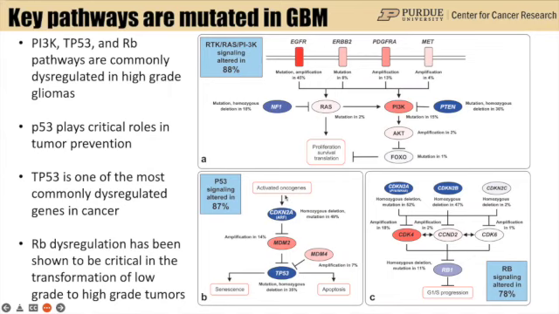And so the first thing we wanted to see is, out of these canonical pathways that are known to be important in glioblastoma, certainly in humans, whether these were also altered in canines.